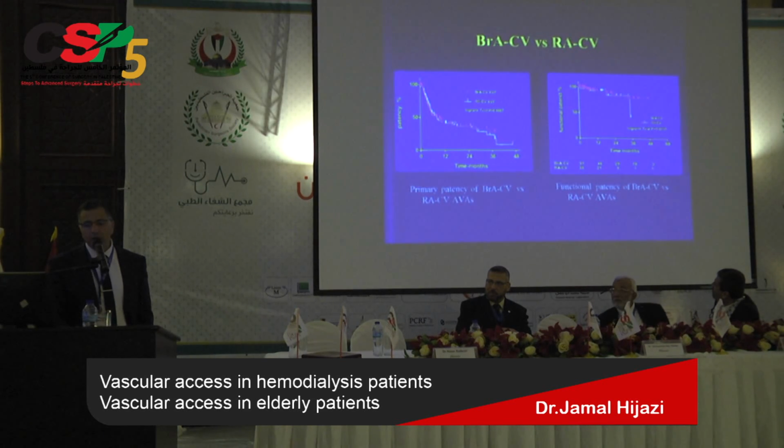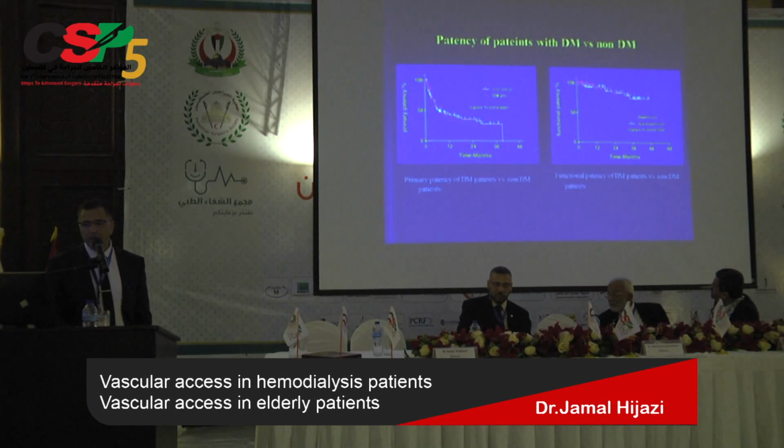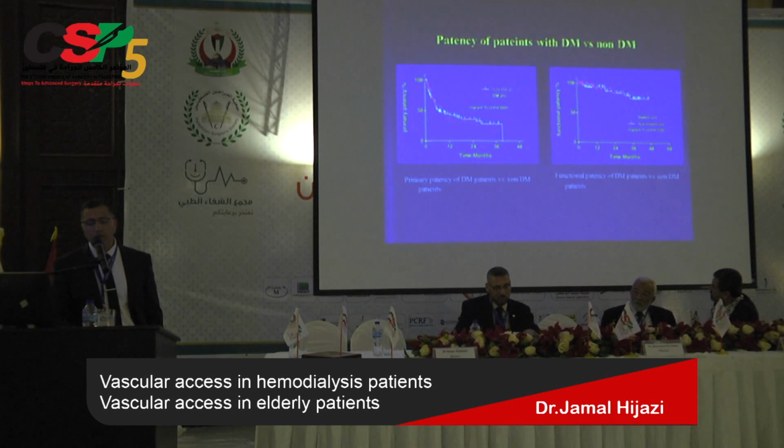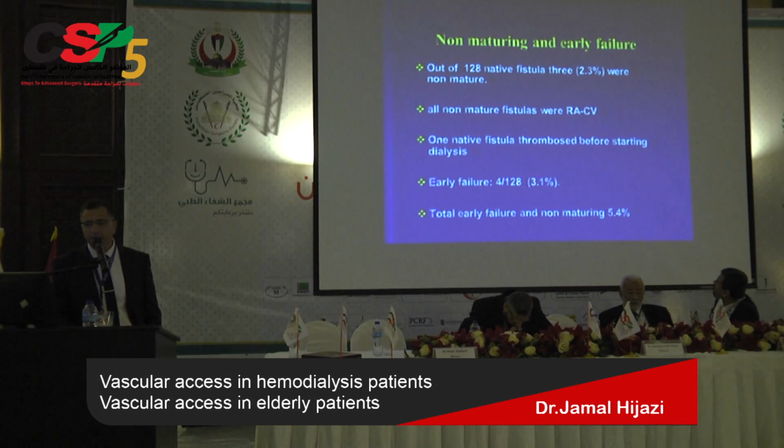We also noted that there is no statistical difference between the two types of fistula creation, brachiocephalic versus radiocephalic fistula. Also, we noted that diabetes does not affect the fistula. Here we can see that there is no statistical difference between all types of fistula creation for primary patency and functional patency.